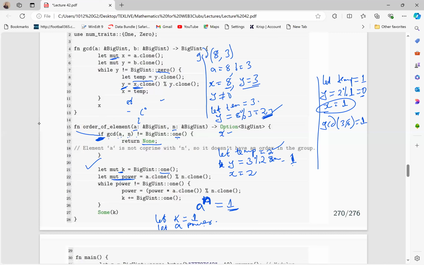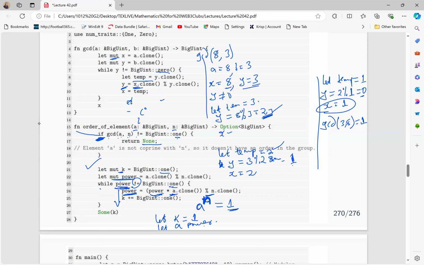And then, while the power is not equal to 1, we perform what is inside. What is inside is to get the new power: we multiply the old power by A, then divide the result by N, and write the remainder.